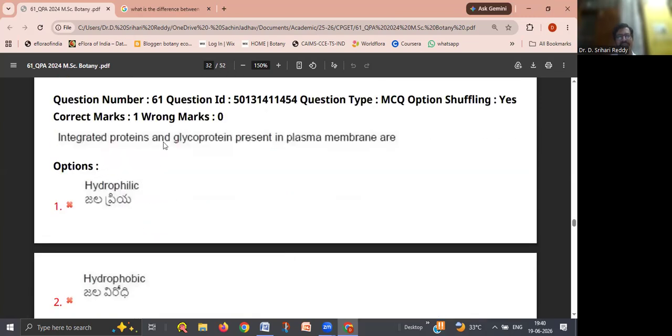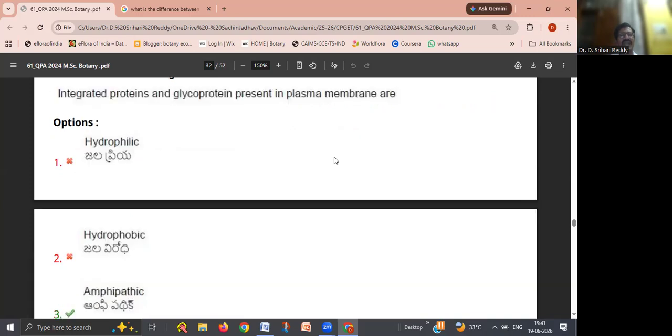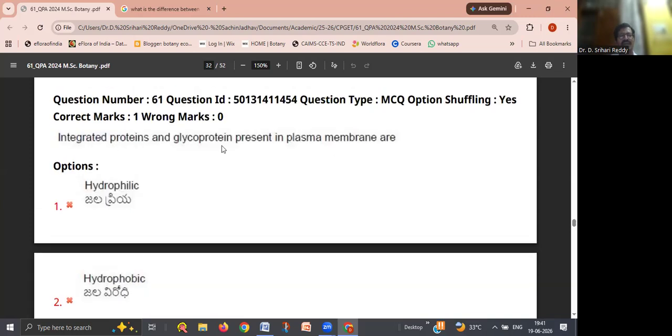Next, integral proteins and glycoproteins present in the plasma membrane are. You know the plasma membrane. There are several theories related to that. Fluid mosaic theory is the most popular one. As per the fluid mosaic theory, we see there are proteins and glycoproteins.